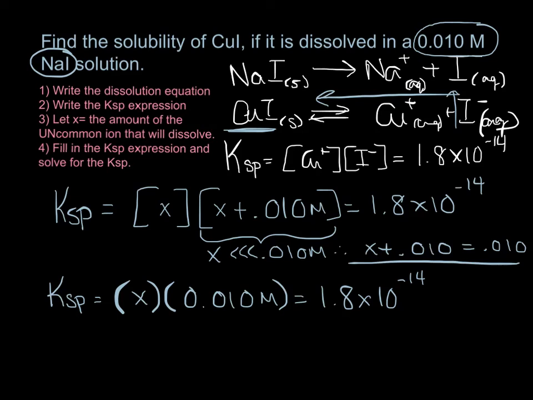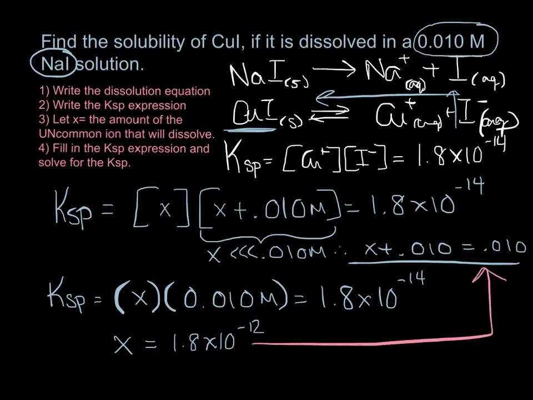Okay, so now all I'm going to do is solve this. I know that I can divide both sides by 0.01, and that's going to give me my value for x. So x, which is the solubility of the copper iodide, is equal to 1.8 times 10 to the negative 12. And if you want to go back and check the assumption we made, you could take this value and plug it in right here.